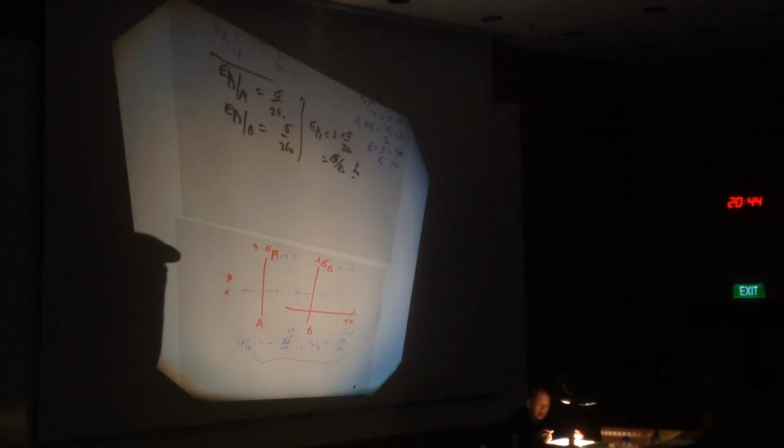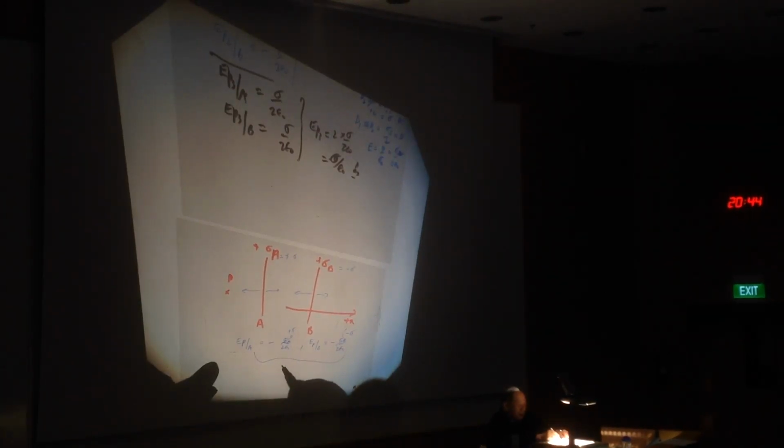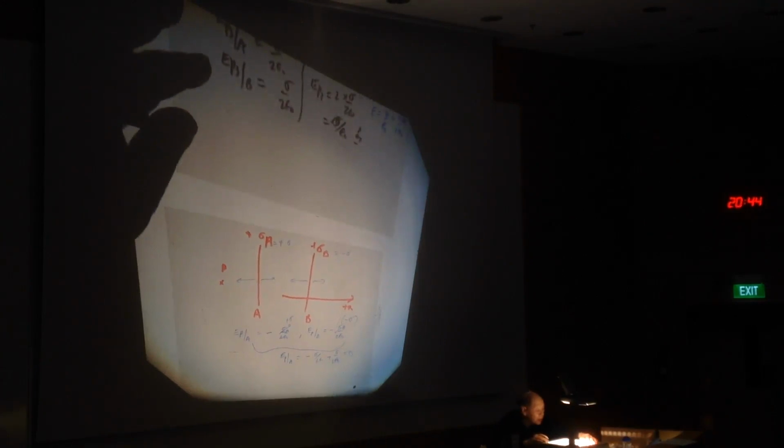It's the same thing. You cancel. So the final answer is E_P at A equals 0, minus sigma over 2 epsilon naught, plus, minus, minus, plus, 0. We did not double count.